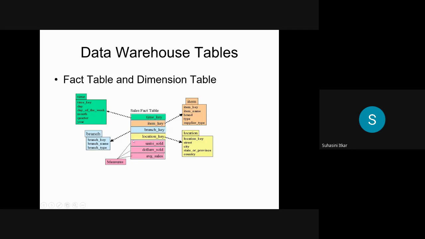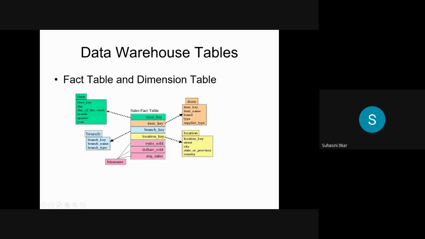The detailed attributes of the dimensions, the generalized attributes, are stored in the dimension tables.